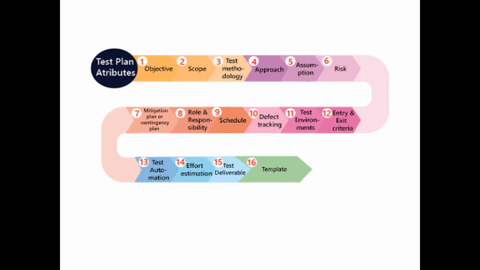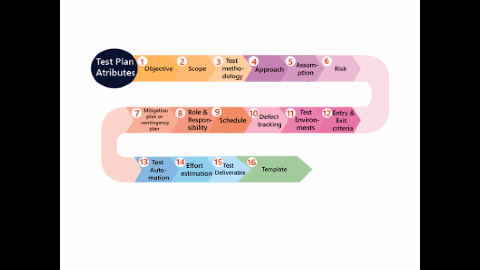The mitigation plan or contingency plan associated with the test, and the roles and responsibilities of the people associated with the testing. Schedule, how long, whether 1 month, 2 months, 10 days, and defect tracking. If any defect is found, how we can track it, test environments, entry and exit conditions, test automation.